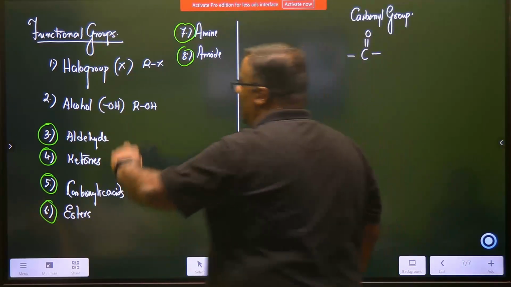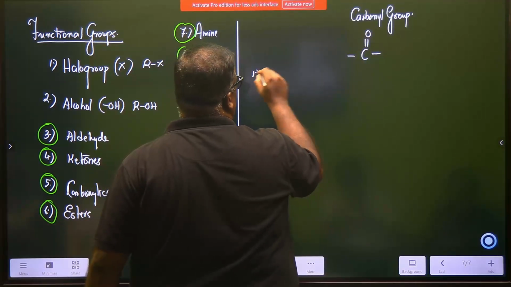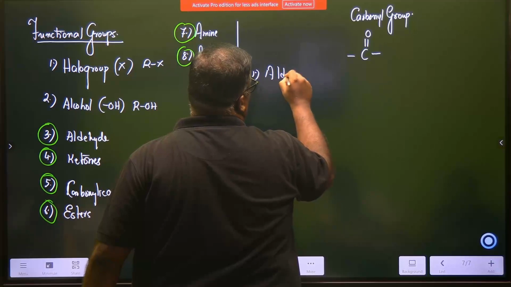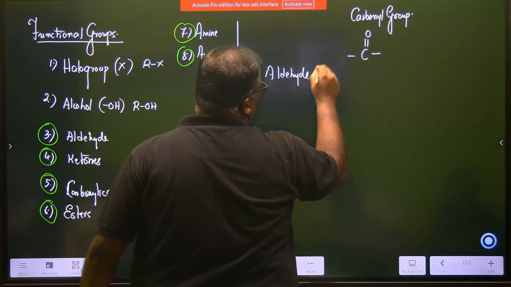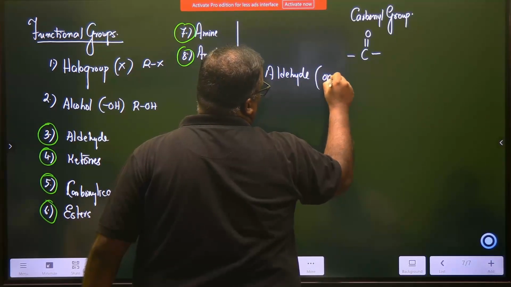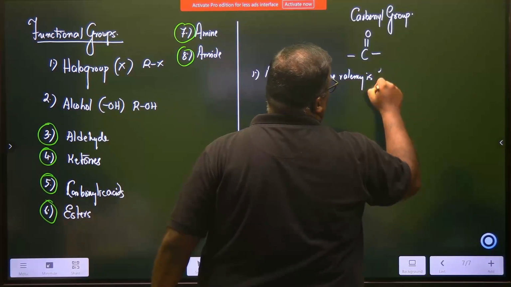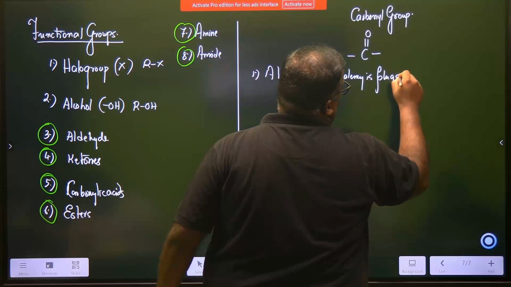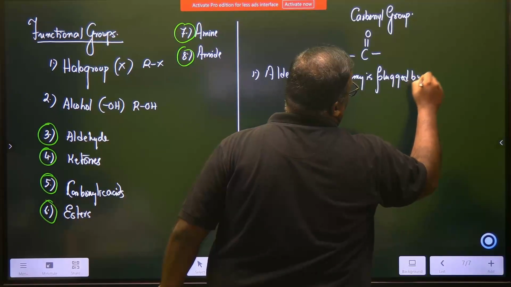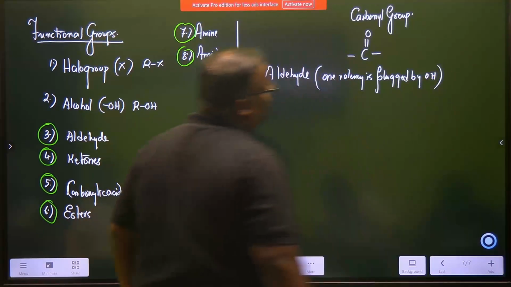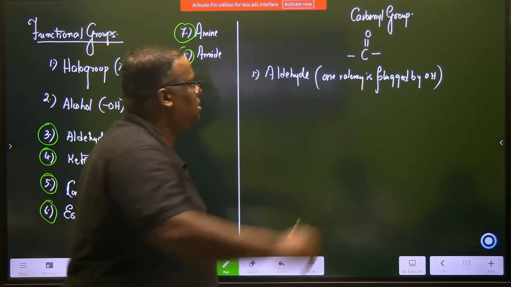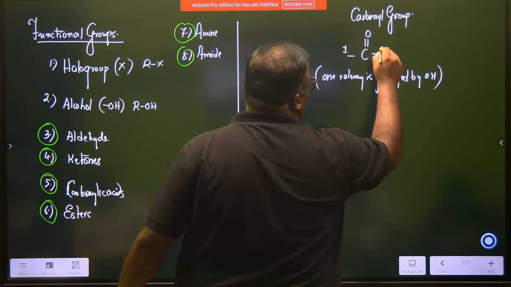So our first one is aldehyde. The first one we will study is aldehyde. And aldehyde is formed when one valency is plugged by H. One valency means, see this children, say this is 1 and this is 2.